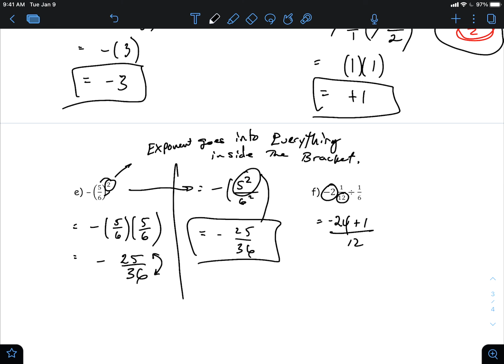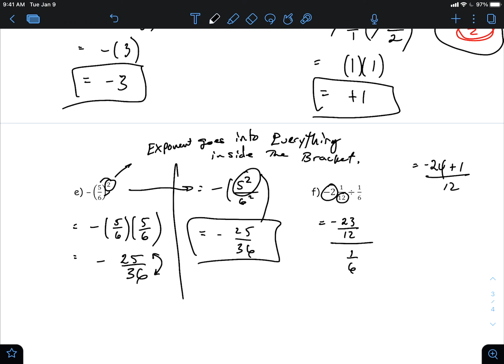Negative 24 plus 1 is negative 23 over 12. And that is divided by 1/6. That's literally what's on your page right now, just without the math symbol.